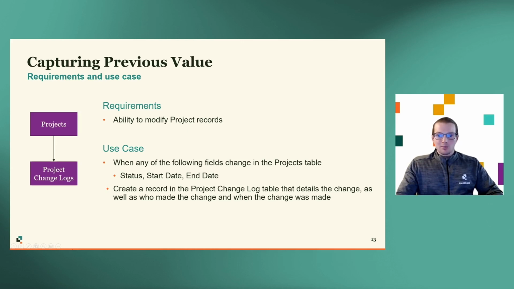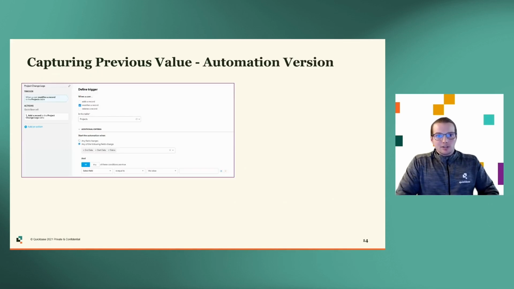So that is something that we can do in pipelines, and your end users will just need the ability to modify those project records to make this occur. Great, so let's go ahead and look at how we set up the automation here. So the trigger: anytime a record is modified, and as you can see here, I'm also calling out those specific three fields.